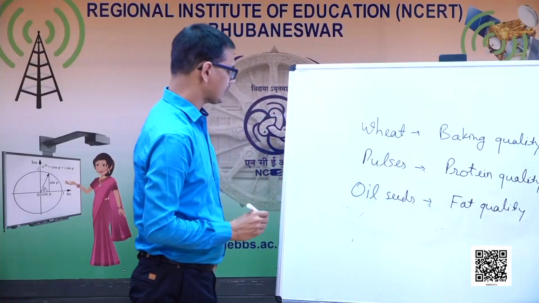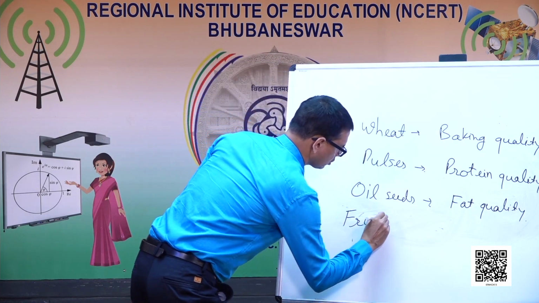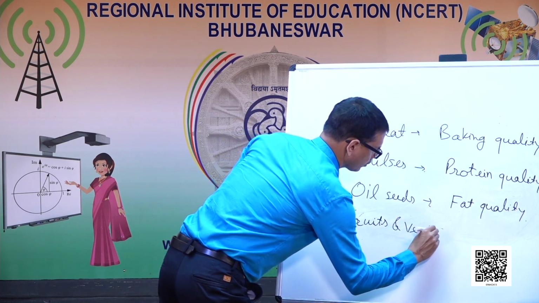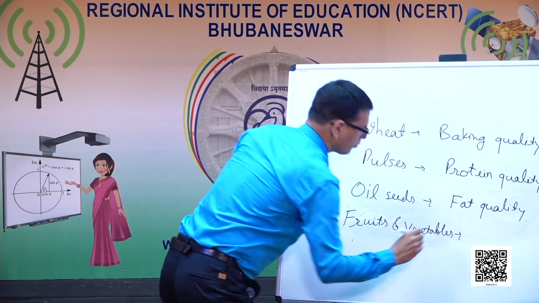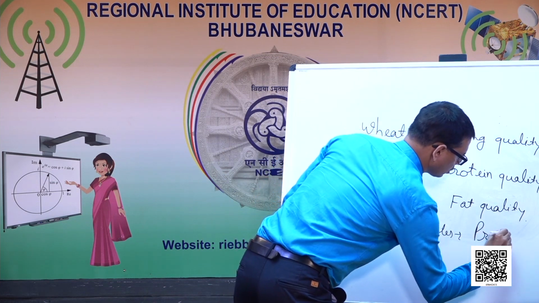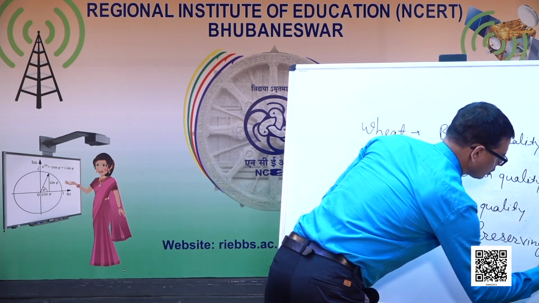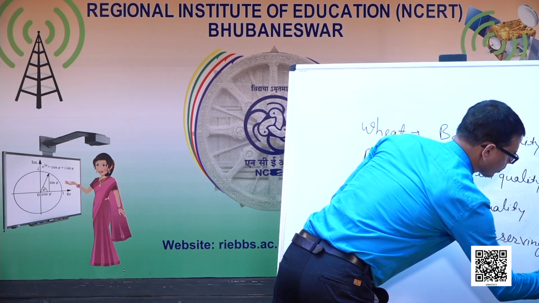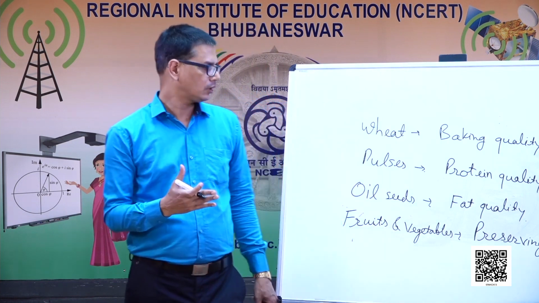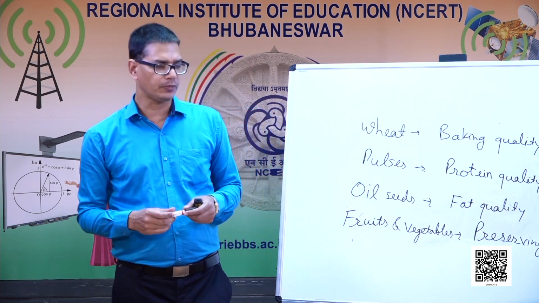And for fruits and vegetables, preserving quality. Because some food gets spoiled in less time, some food is preserved for longer time. Therefore, we have to select that variety of crop that lasts long.